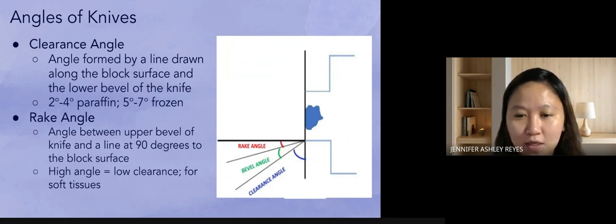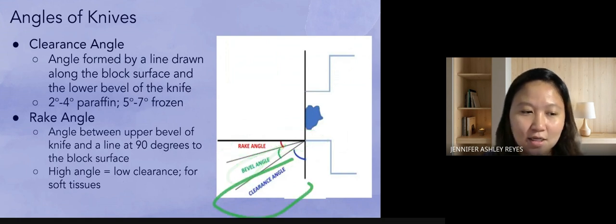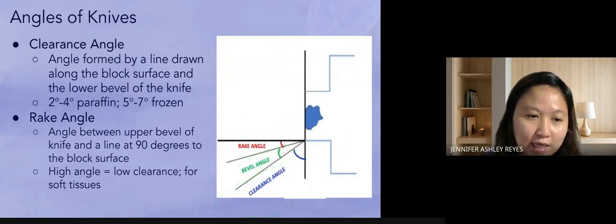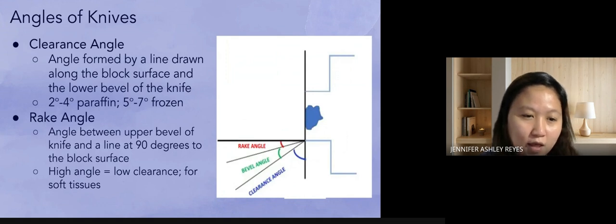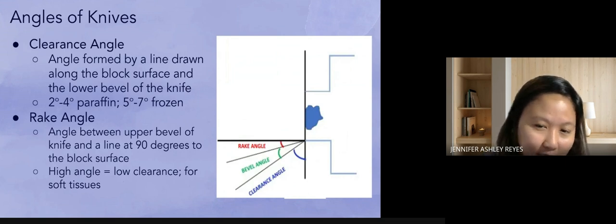So we have three major angles that you have to consider. The rake angle, the bevel angle, and the clearance angle. It's like geometry, but with blades. It will make or break your tissue sections.